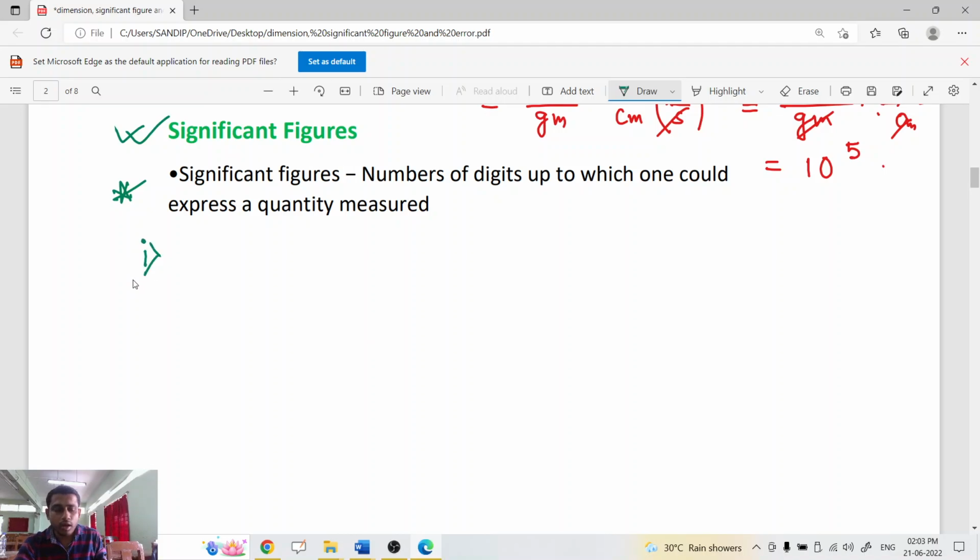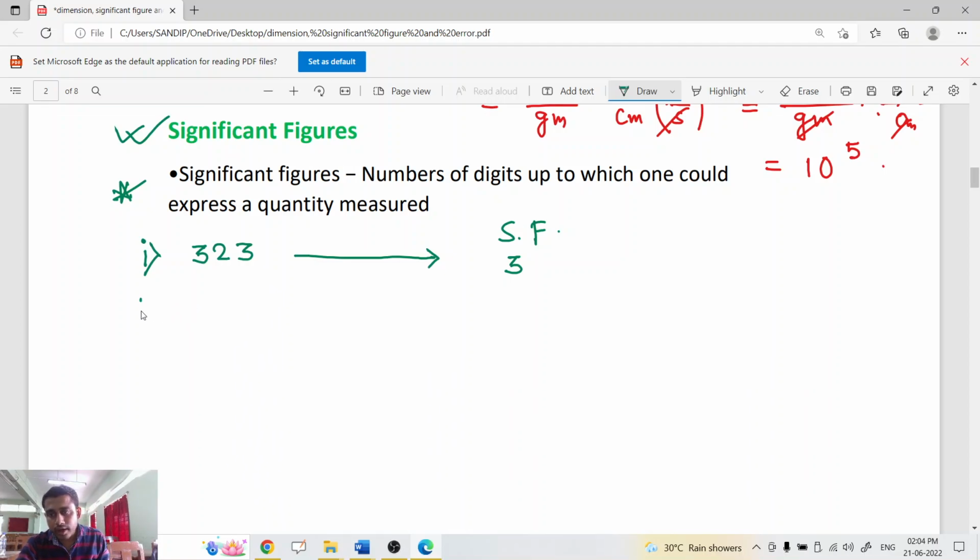So first one, all non-zero digits are significant. That means if I take suppose 323, its significant figure is how much? Actually its significant figure is 3. Okay, so all non-zero digits are significant.